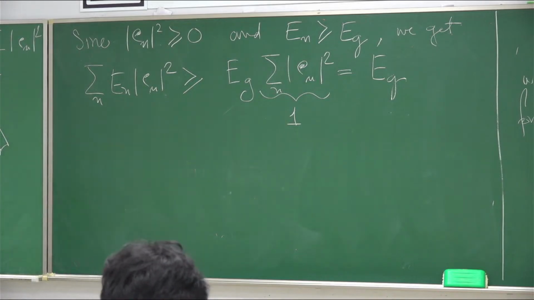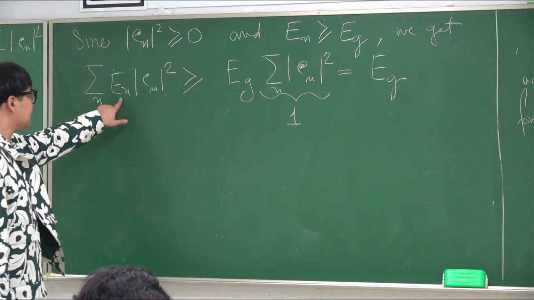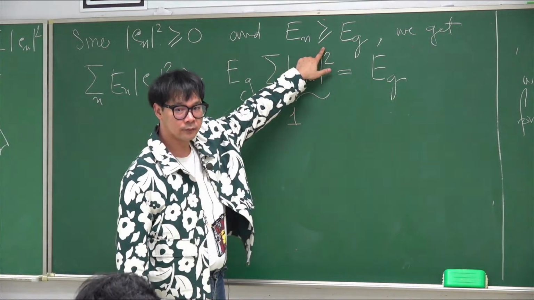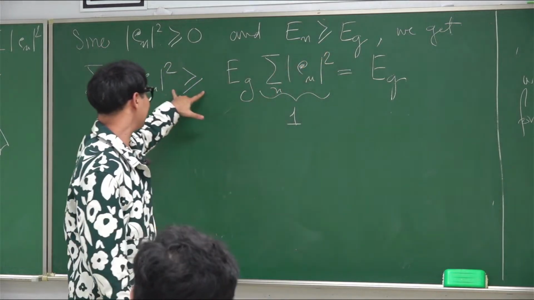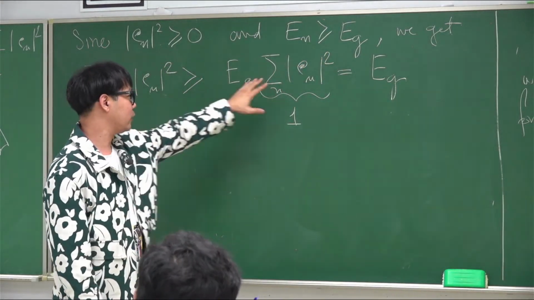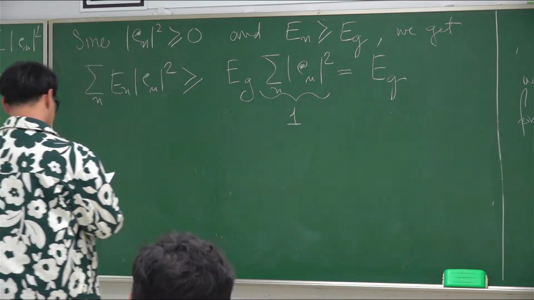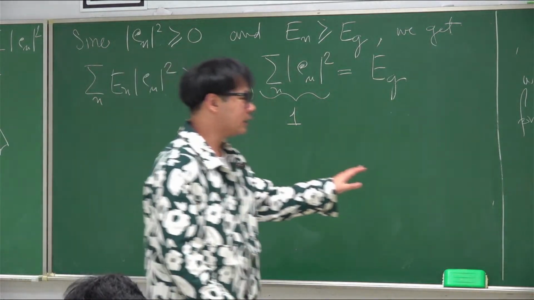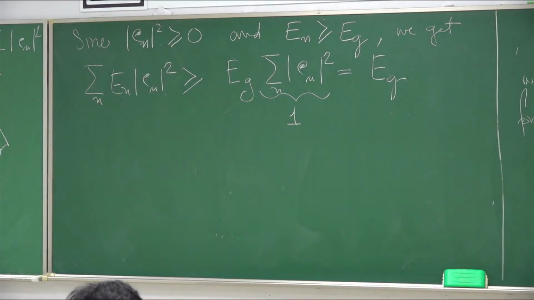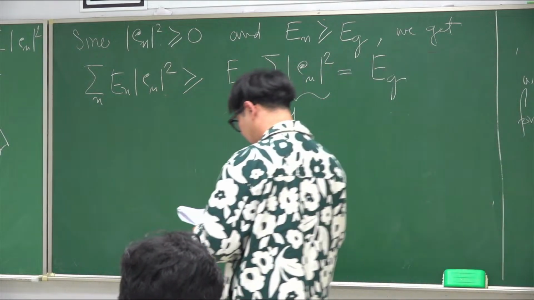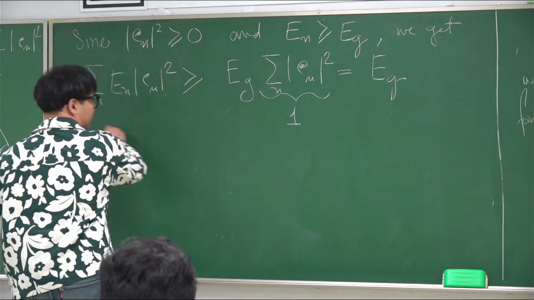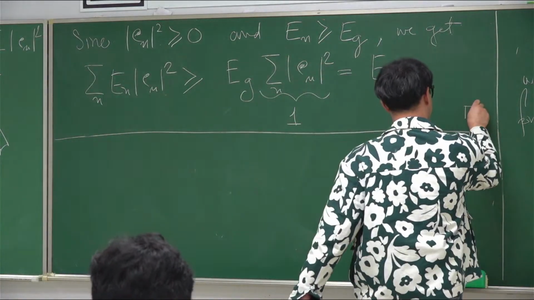So from this, you apply this condition, so you get this inequality, right? And then you apply the normalized probability condition and you get that. And then this is the proof of the statement I put here, okay? Then we'll finish the proof.